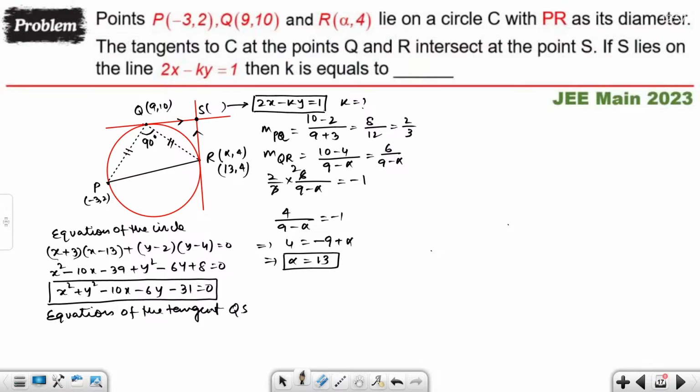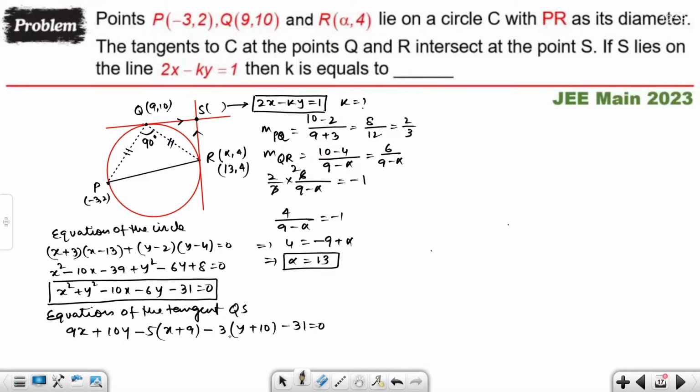As Q is a point which is on the circle, we are going to find the equation of the tangent passing through the point Q. Hence, the equation will be x into x1 plus y into y1 minus 5 times (x plus x1) minus 3 times (y plus y1) minus 31 equals to 0.